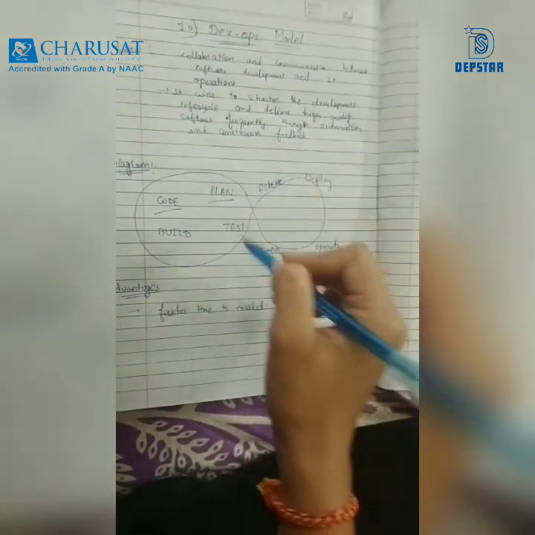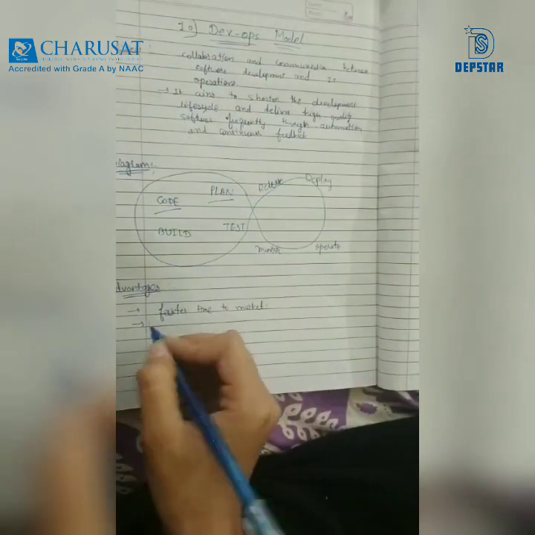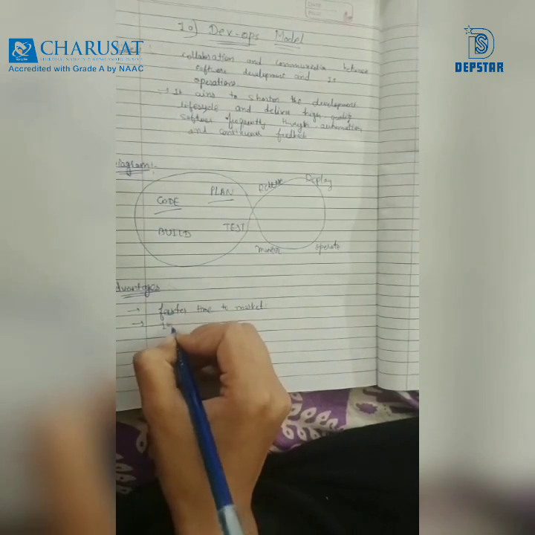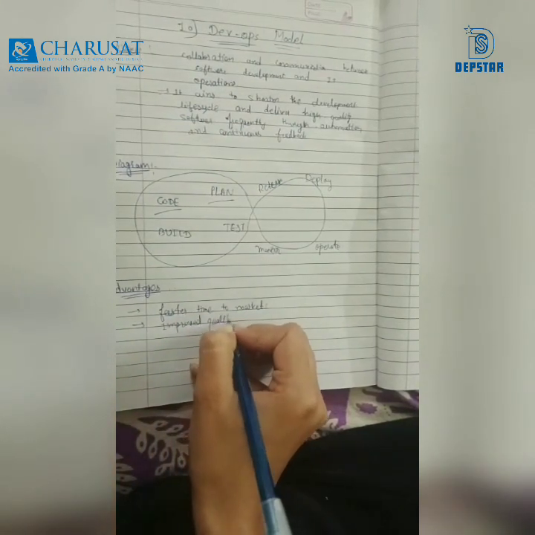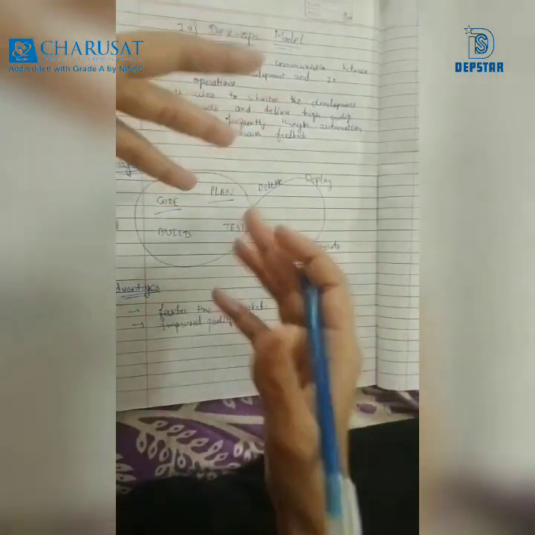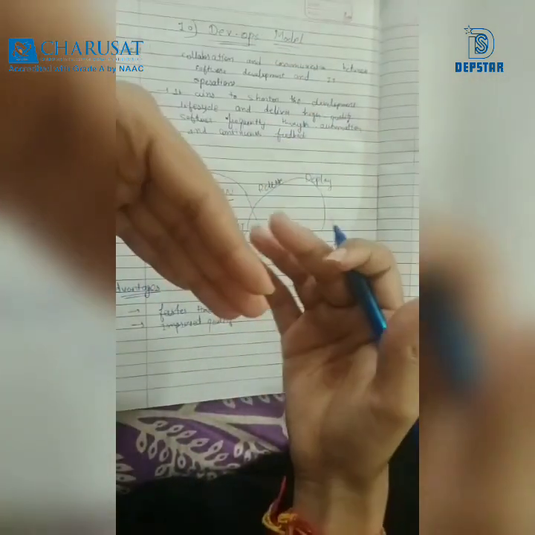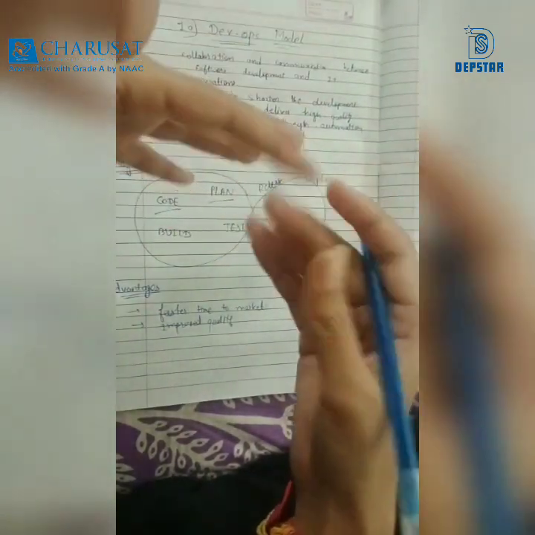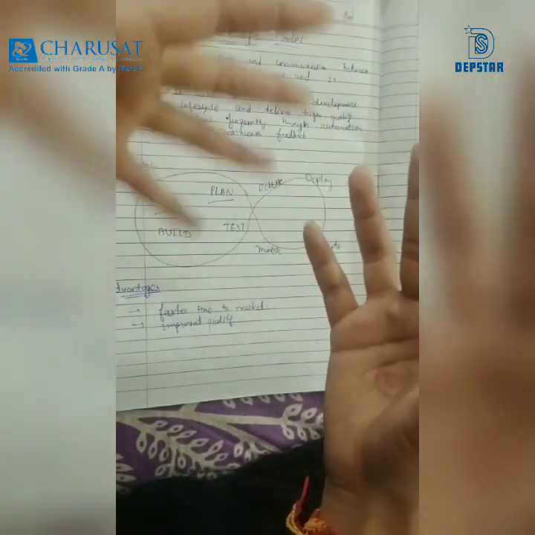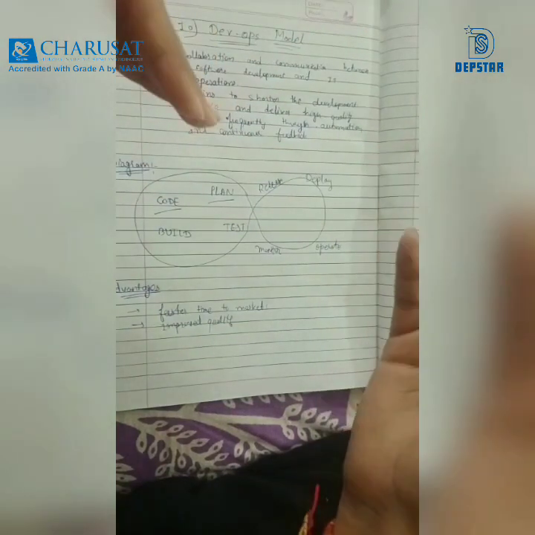This cycle is continuously running. Then second is improved quality. Continuous monitoring and feedback lead to quicker issue resolution and improve the quality of the software.